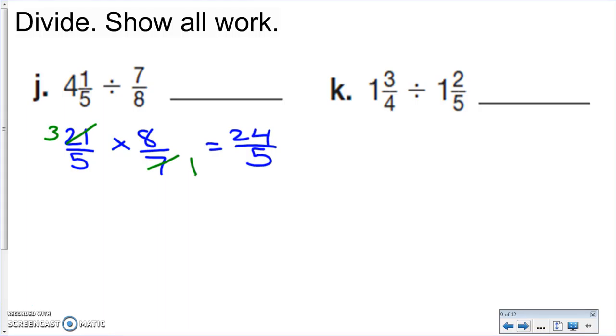Next, we need to turn our improper fraction into a mixed number by dividing. So it goes in 4 entire times, and then we have a remainder of 4. So our answer becomes 4 4/5.